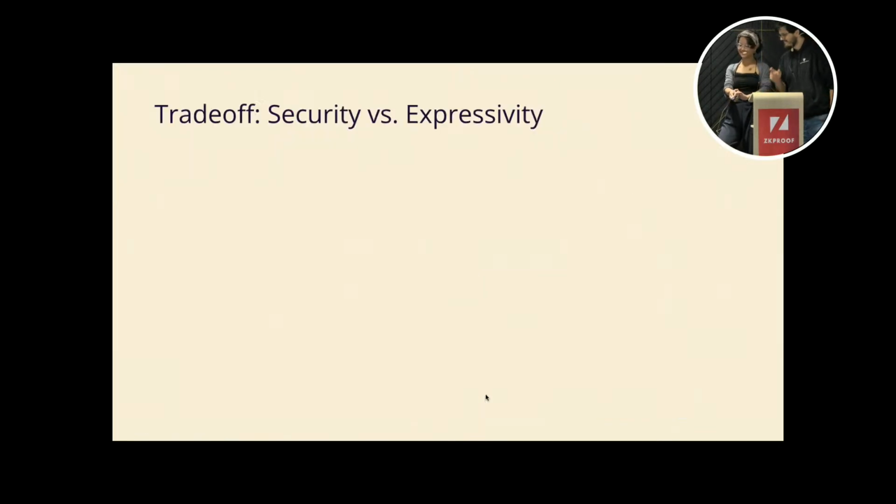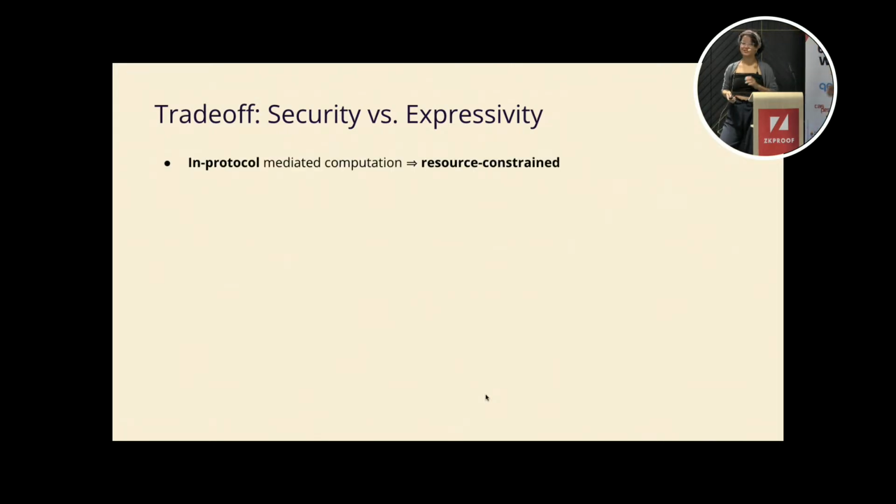Yeah, those were the protocols that we looked at in detail in our SoK. And really, the whole process of comparing private limit order auction implementations has led us to identify the main trade-off.